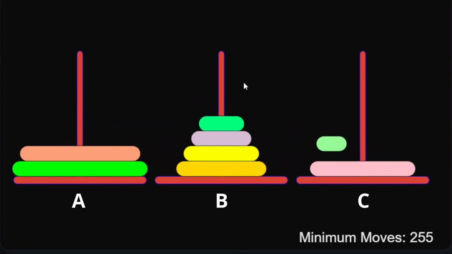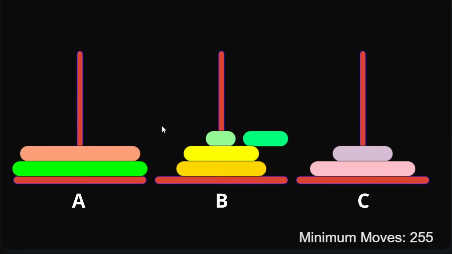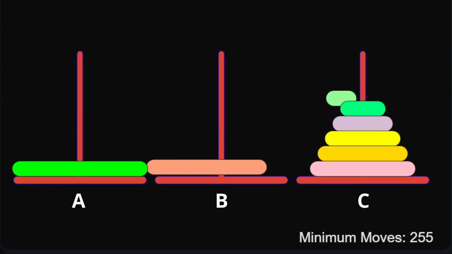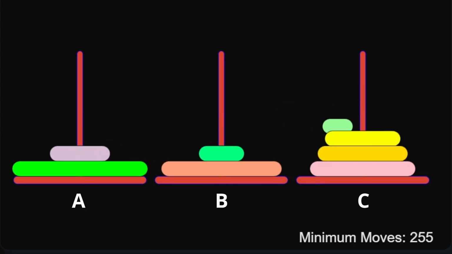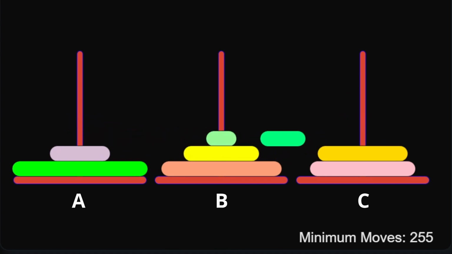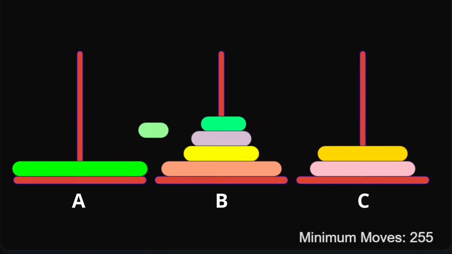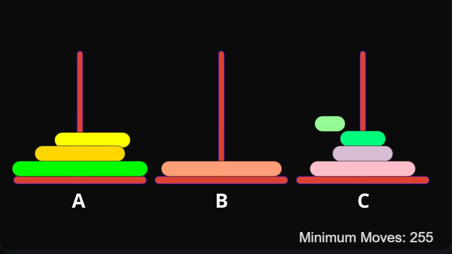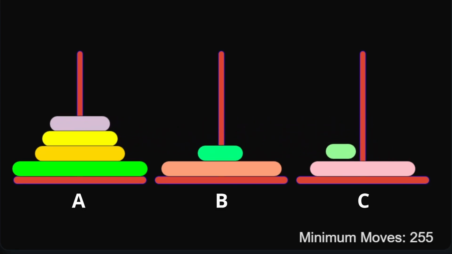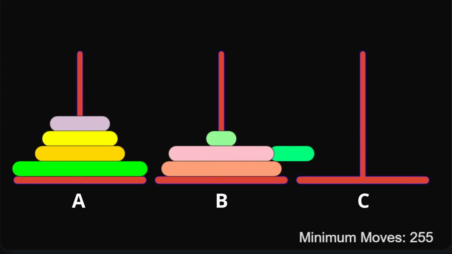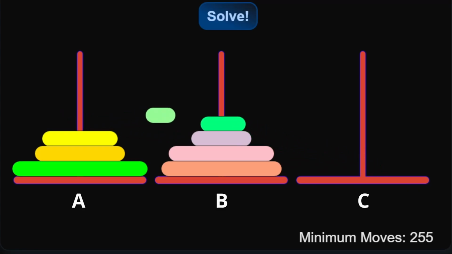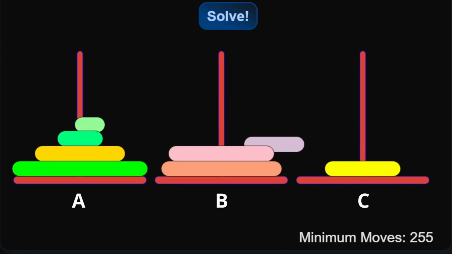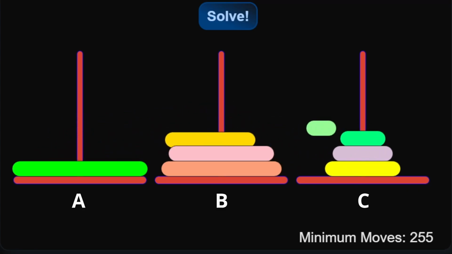Remember the three rules. You can only move one disc at one time, and you can only move the top disc from any rod. And rule number three is you can't place a bigger disc on top of a smaller disc.